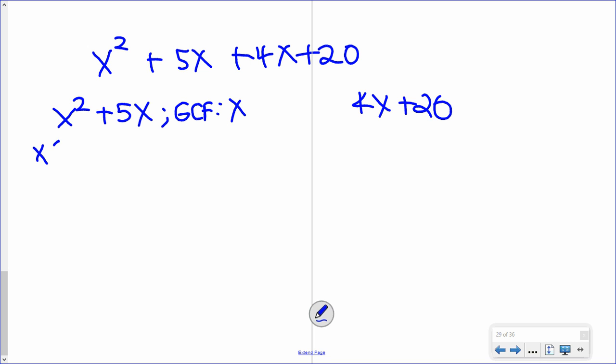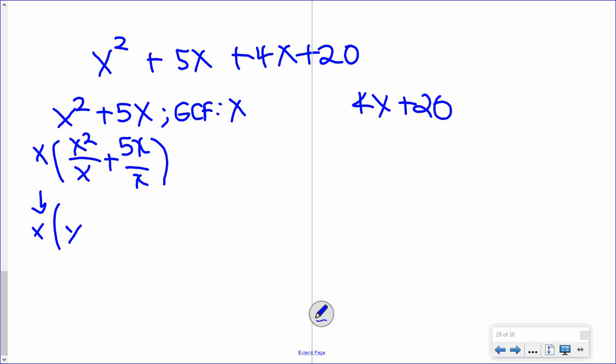So we have x times the quantity of x squared divided by x plus 5x divided by x. What's x squared divided by x? x. Plus, what happens to 5? Comes down, and this goes away. So that means my inside, I should see x plus 5 on the right.